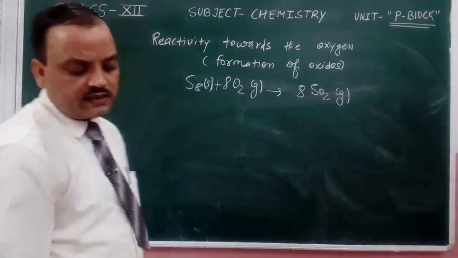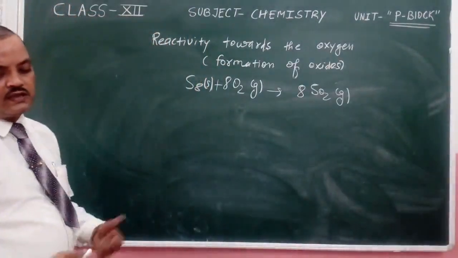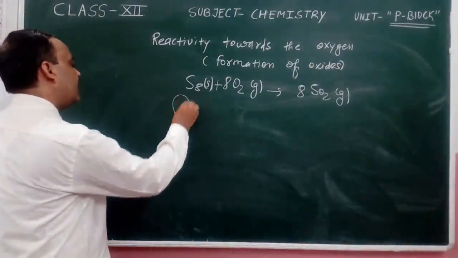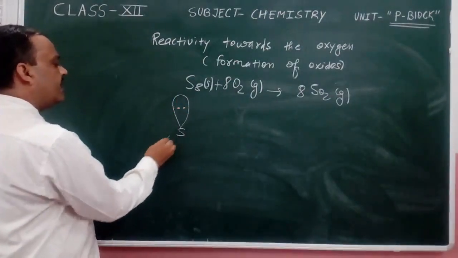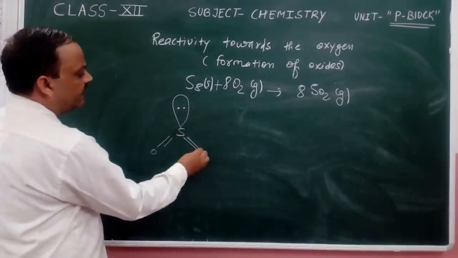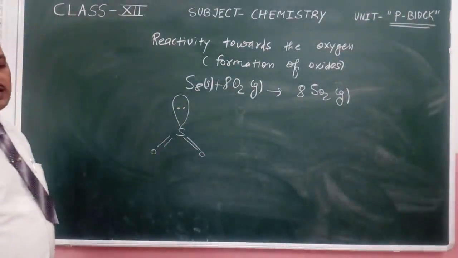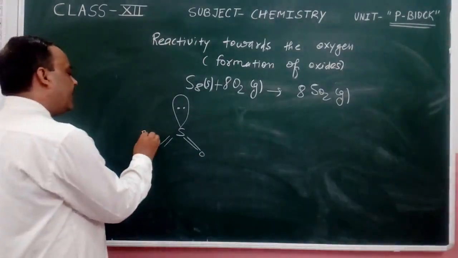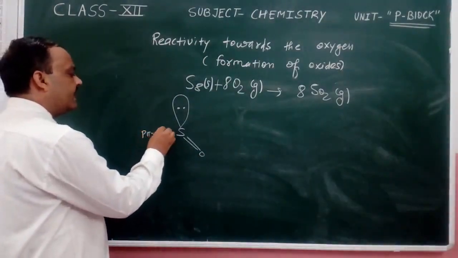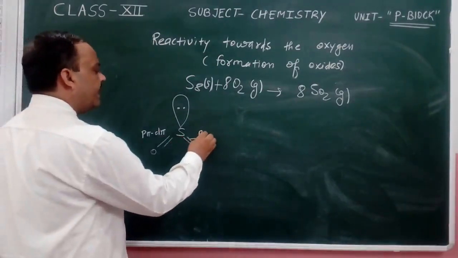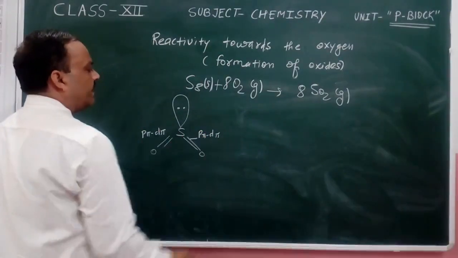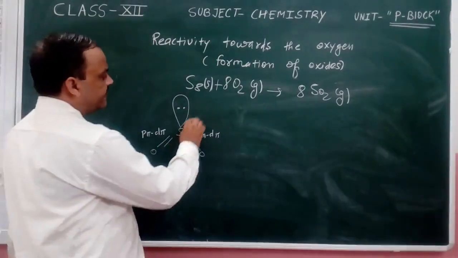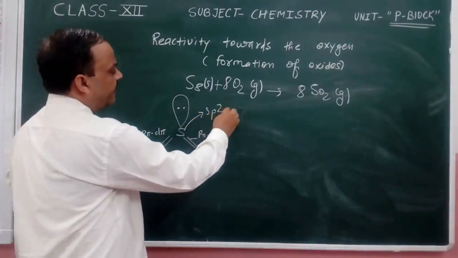When we study the structures of these oxides, in sulfur dioxide, sulfur has a lone pair and the oxygen atoms are attached with double bonds. pπ-dπ type bonds are present, and sp2 hybridization is present.